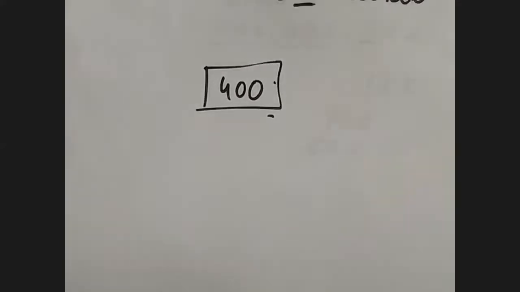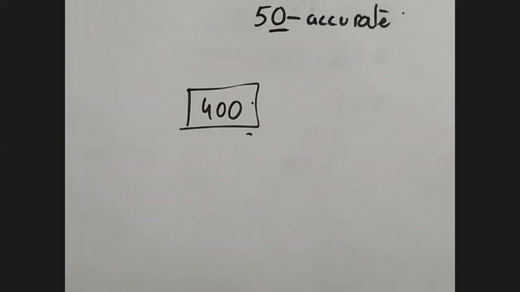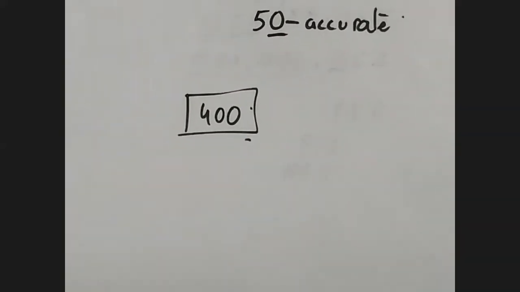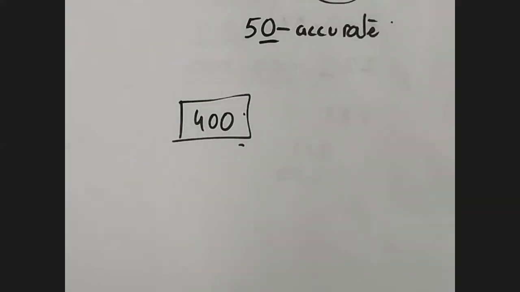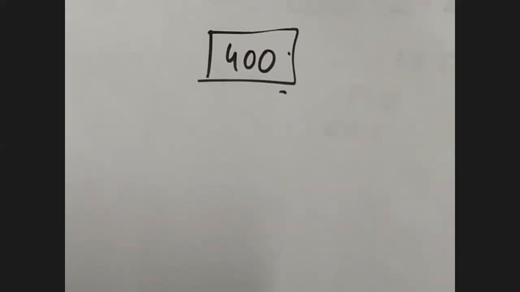So ask yourself, are these two zeros estimates or are they accurate? Yes, Abdul? I think they are estimates. Very good. Okay, another rule. Let me tell you another rule.